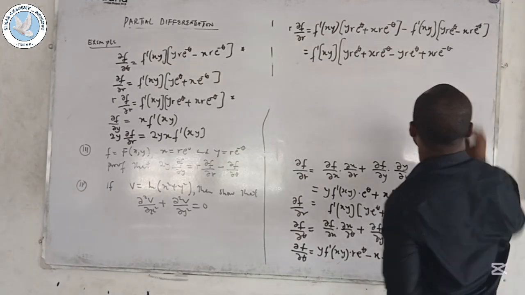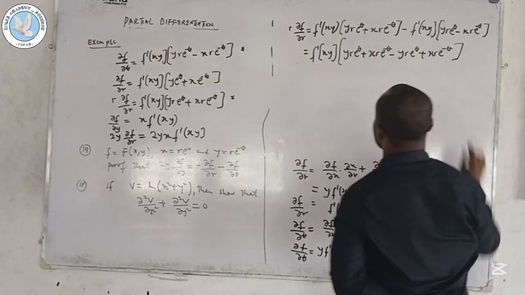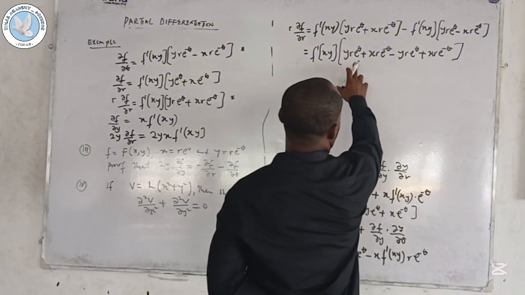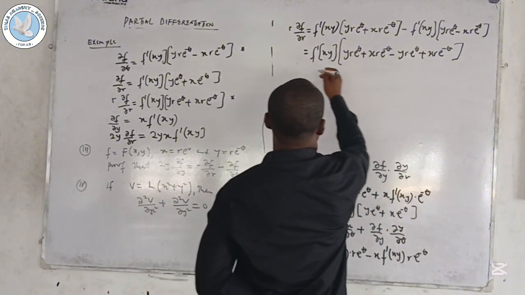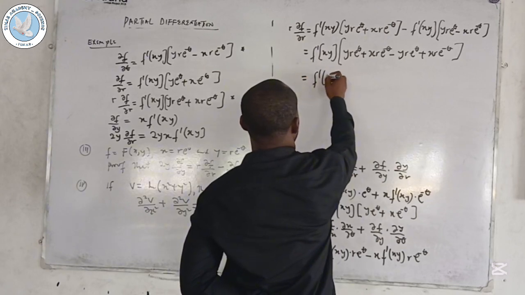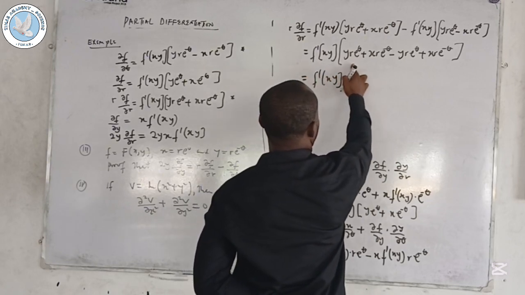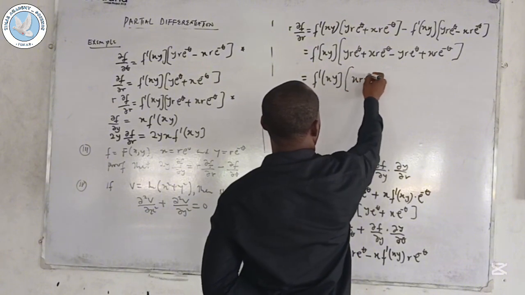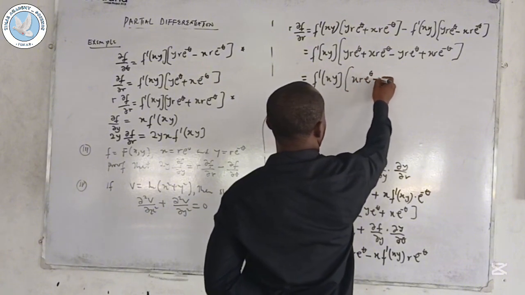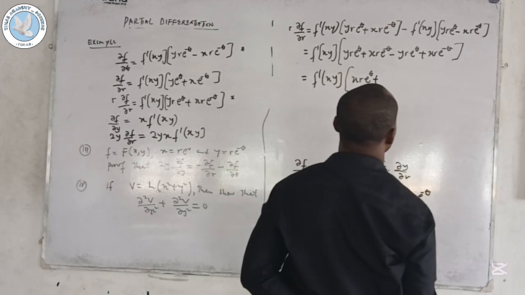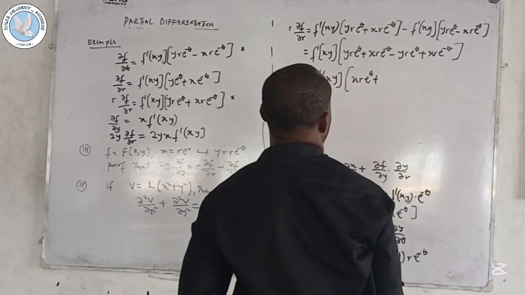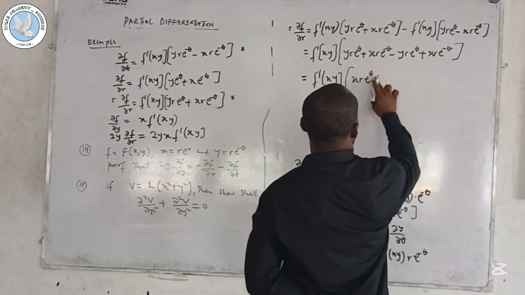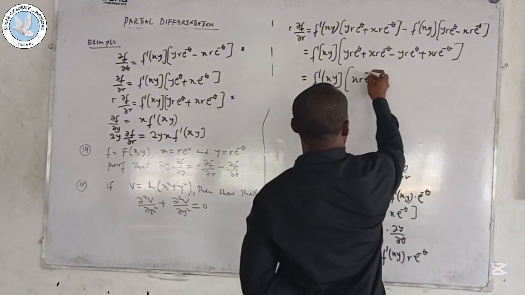This is minus all that. So we have this and we have this. So this is giving us this. This will cancel this, and we have this plus. We have this plus this. We have two of that.